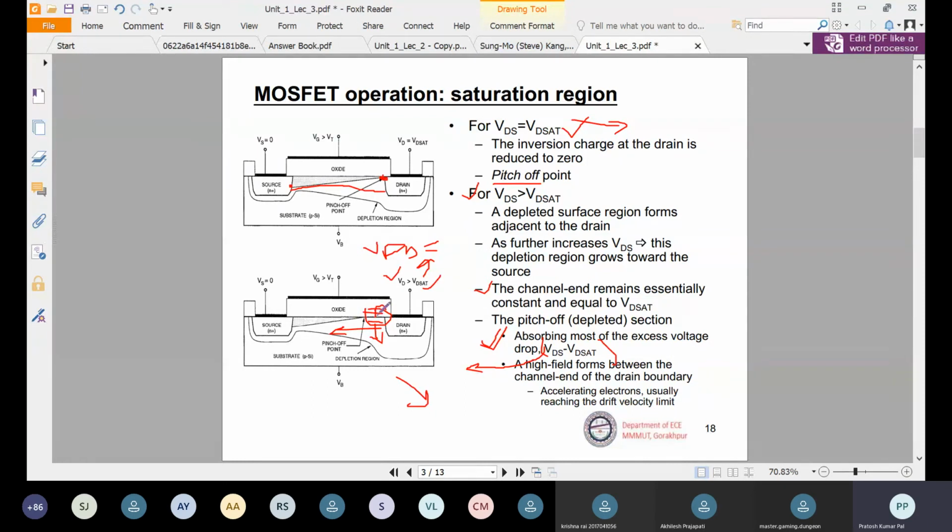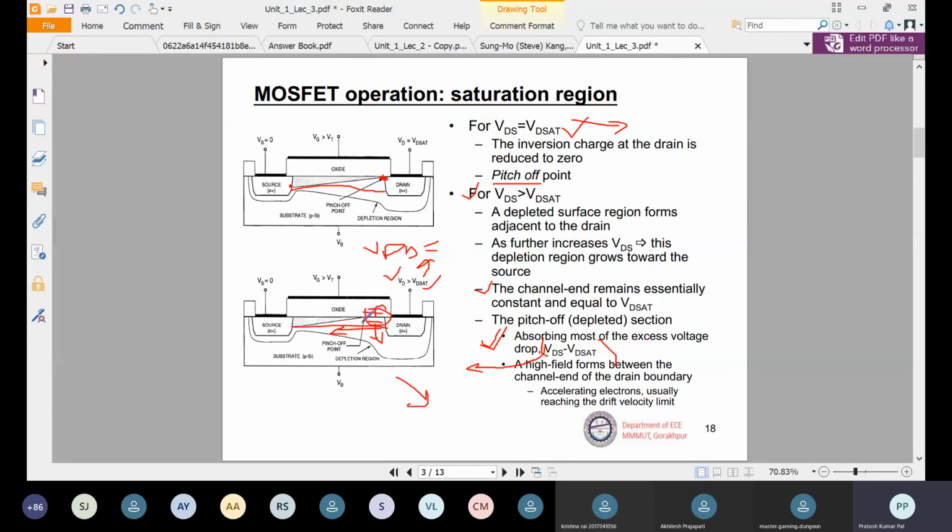One more thing, in the saturation region the current is always constant. Current is always constant means a fixed number of charge carriers will be moving, there will be no increase in the number of charge carriers for current. While the channel was flat, a large number of electrons could be moved based on the applied drain voltage.